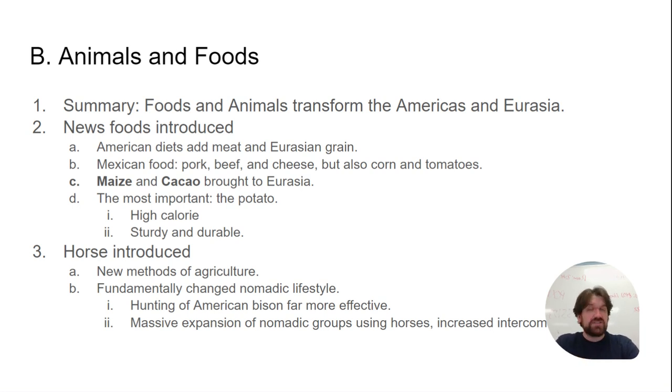Specifically for Europeans, because the potato can survive in the more northern climates of Europe, that gives European populations access to this high calorie food and is responsible for a significant growth in the population, because the potato is almost ideal for cultivation in Europe.